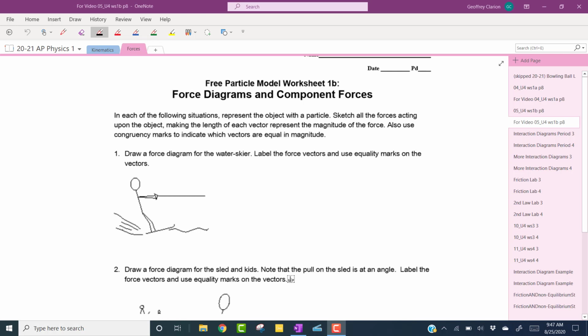So I've got a person, and they're also on skis. Not 100% sure I spelled that right. There's the Earth, and the assumption we're going to make there is we're also on the Earth's surface.